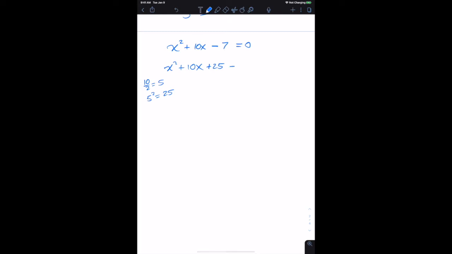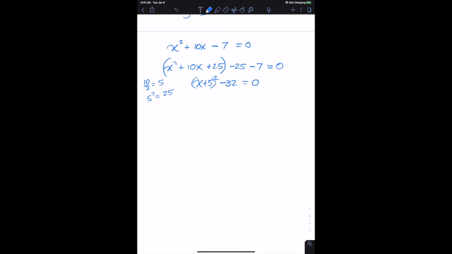I'm going to subtract 25 because that's what I added, and then say minus 7, which is part of our original expression. What we've done is we've turned this expression here into a completed square that can be written as x plus 5 squared. And now we combine the minus 25 and negative 7 to minus 32 is equal to 0.